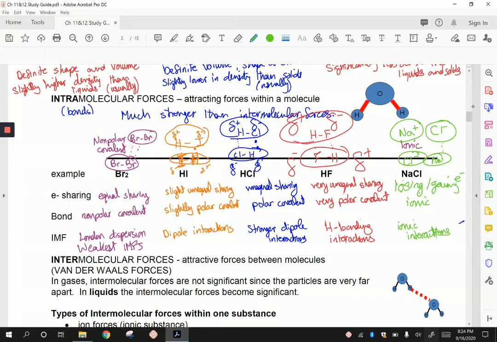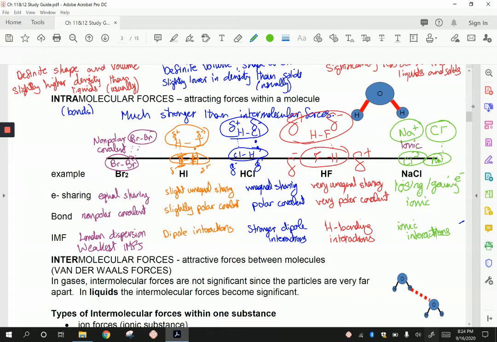covalent versus nonpolar covalent. It's a continuum. This is one extreme, and then this is the other extreme, and those are kind of in the middle. Whether it be with the electron sharing, so in this case, it's very equal sharing, slightly unequal, unequal, very unequal, extremely, extremely unequal sharing. So again, it's a continuum.